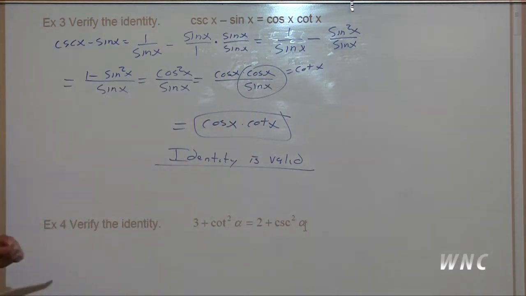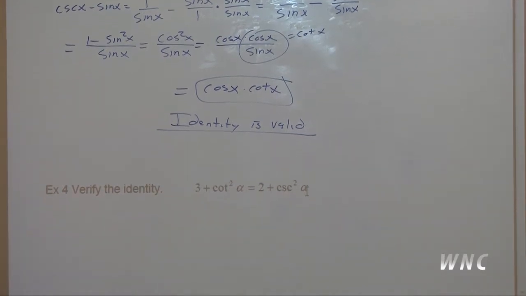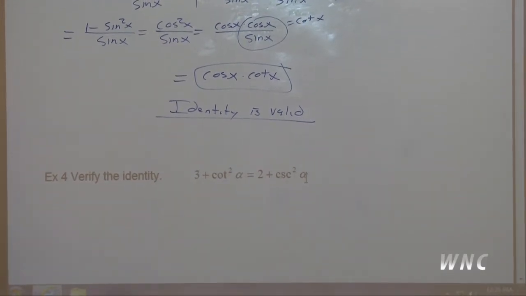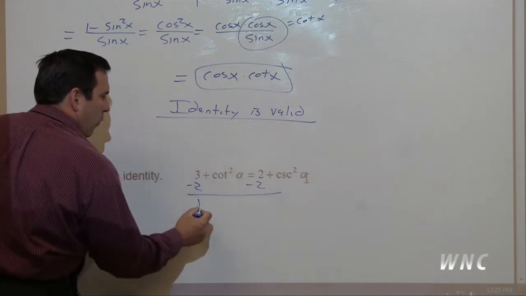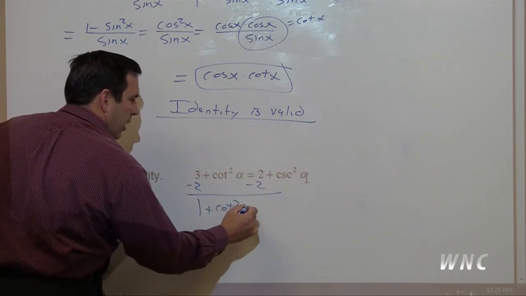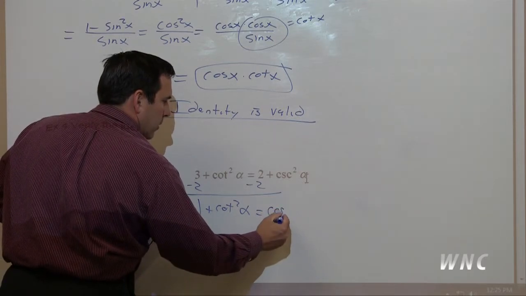Let me do the next one here before I scroll. Verify the identity 3 plus cotangent squared alpha equals 2 plus cosecant squared alpha. Now if we subtract 2 from both sides, we'd have 1 plus cotangent squared alpha equals cosecant squared alpha.